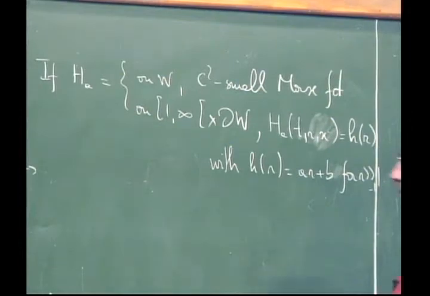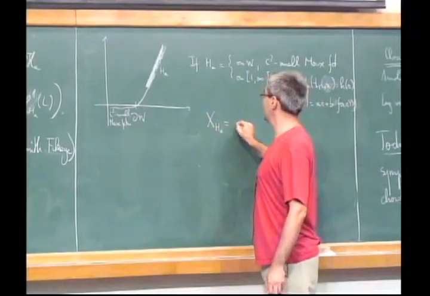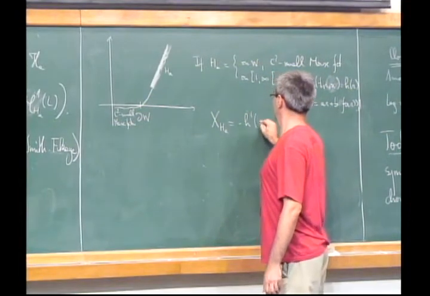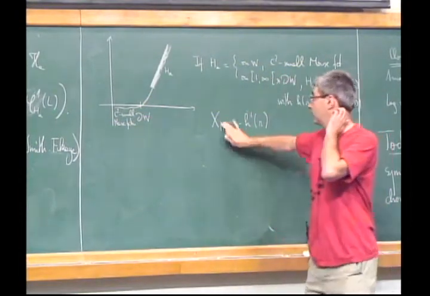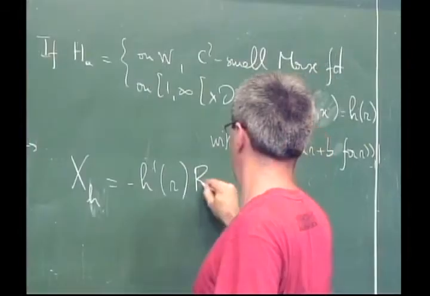What has happened? We know that the Hamiltonian vector field is proportional to the Reeb vector field by the slope.